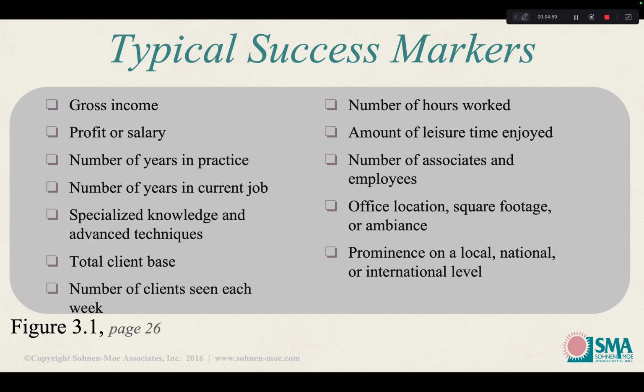Or other typical success markers like the number of years in business or years at your current job, any special or advanced techniques you might know. Your client base, the number of clients you see each week, or maybe the number of hours worked. Maybe you had a really good week and you had 25 clients, right?